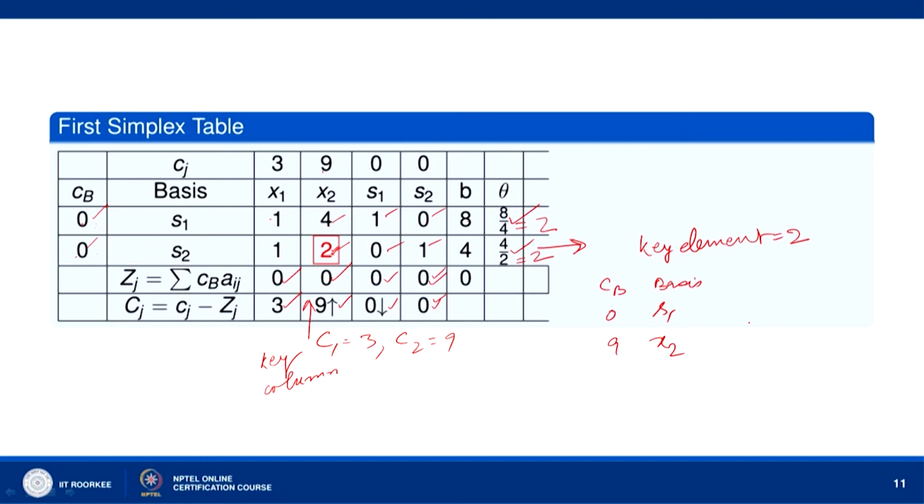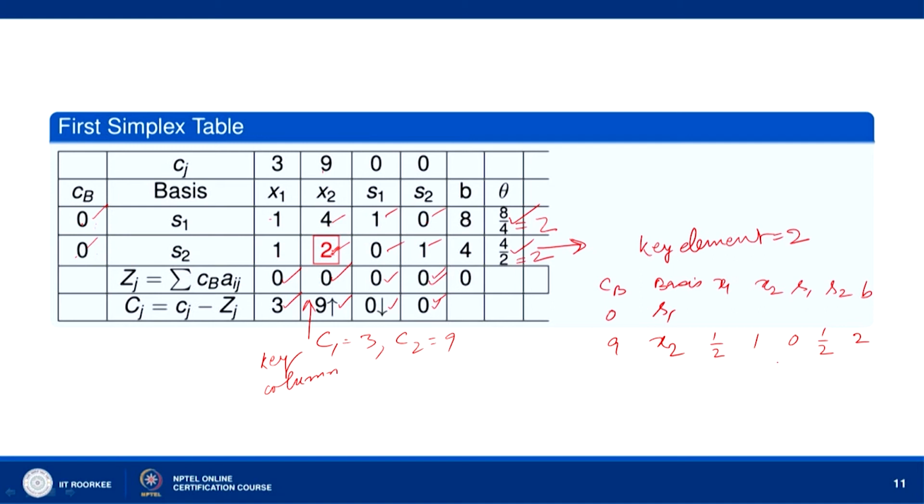This row will now be divided by 2, so we will have 1 by 2, 1, 0, 1 by 2, and 4 divided by 2 gives 2. And we have x 1, x 2, s 1, s 2, b here.